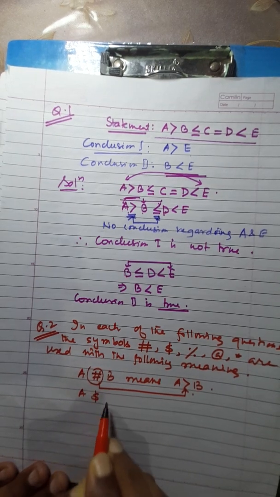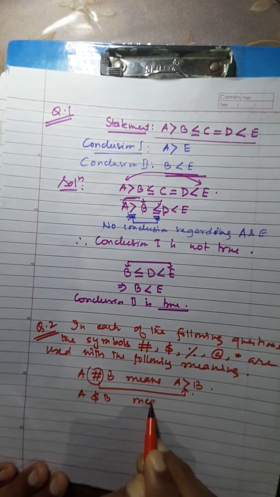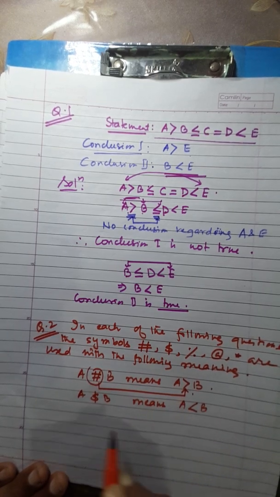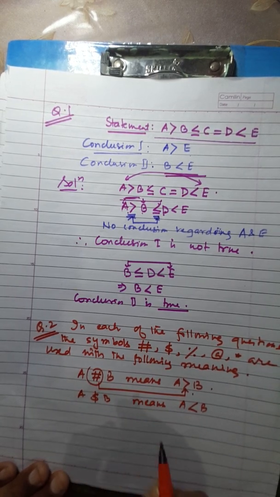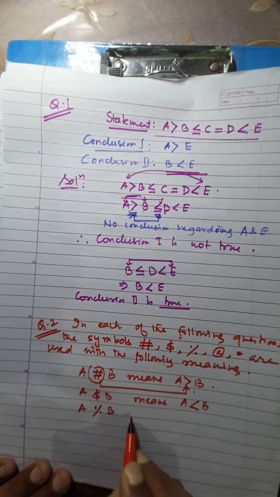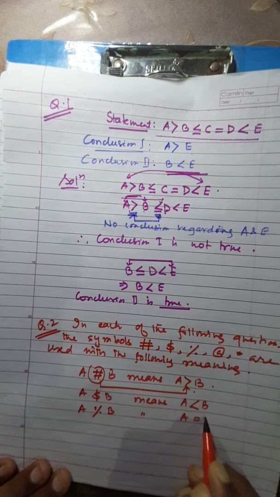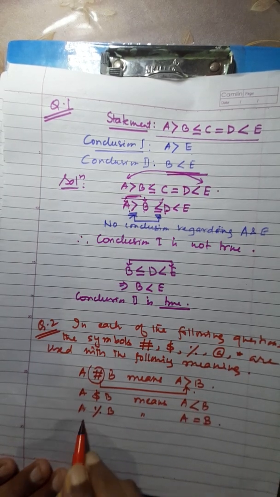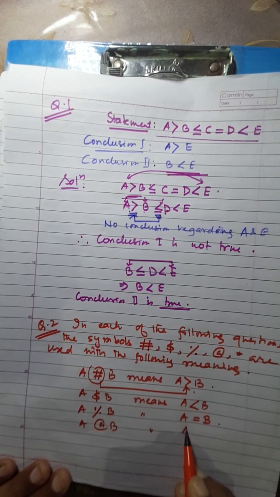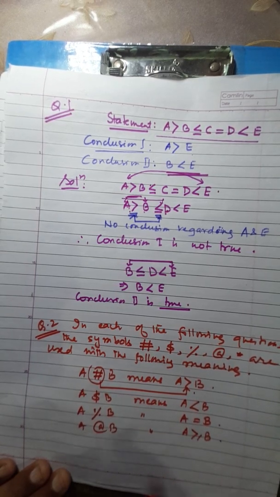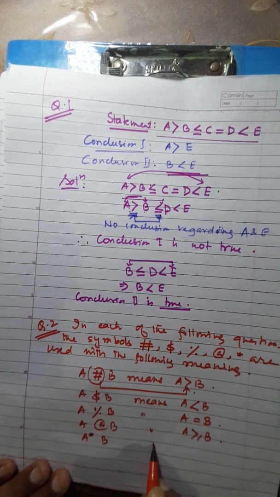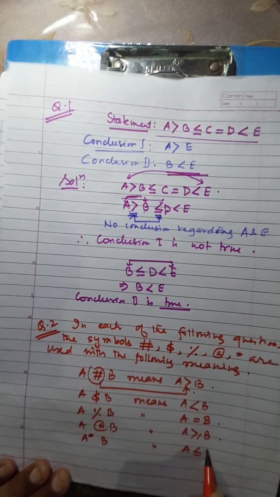A dollar B means A is less than B. The dollar sign represents less than. A percentage B means A is equal to B. A at the rate of B means A is greater or equal to B. A asterisk B means A is less or equal to B.